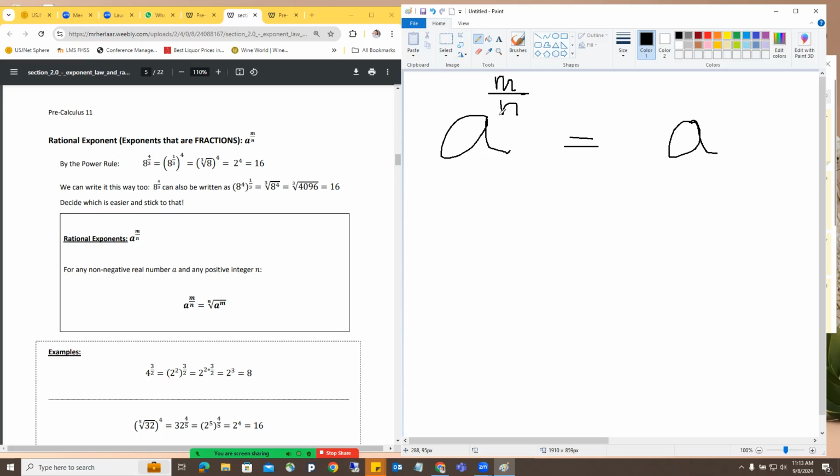For this fraction, a to the power of m over n is equal to the nth root of a to the power of m. We can convert this fractional power m over n into a root. The numerator of the fraction, m, stays as the power of a, and the denominator n gives the nth root.